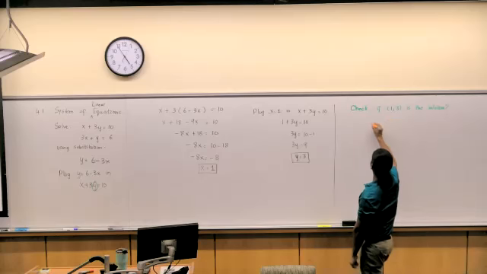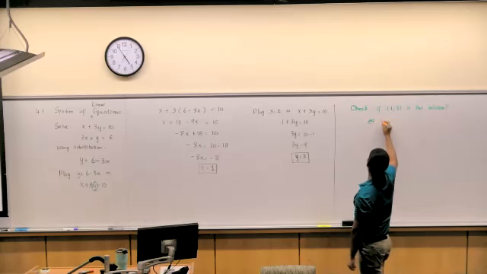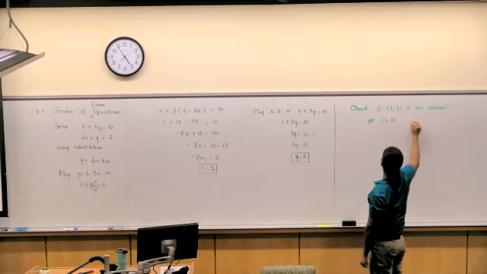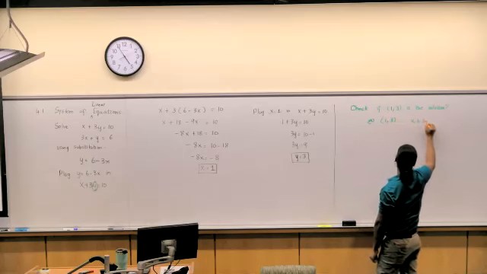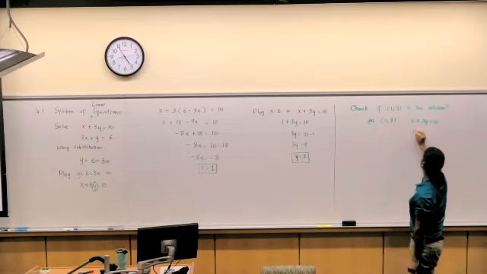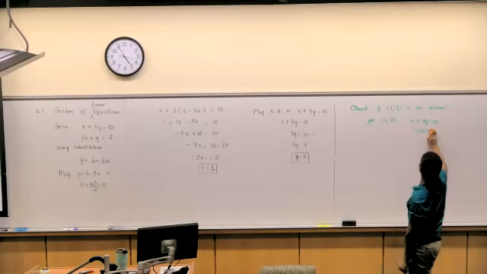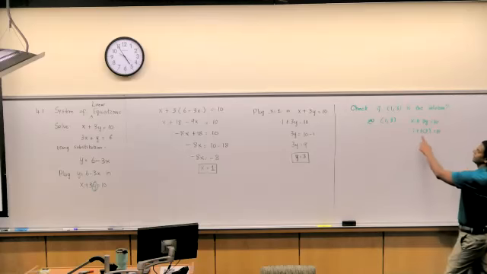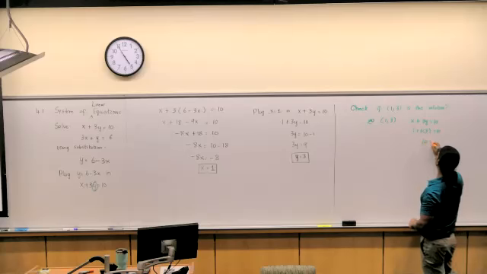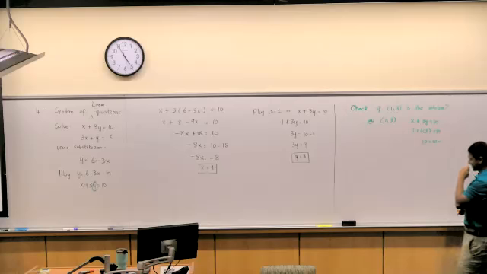If I plug it in the first equation, 1 plus 3 times 3 equals 10. 3 times 3 is 9. 9 plus 1 is 10. 10 equals 10. Works. Are we done yet?